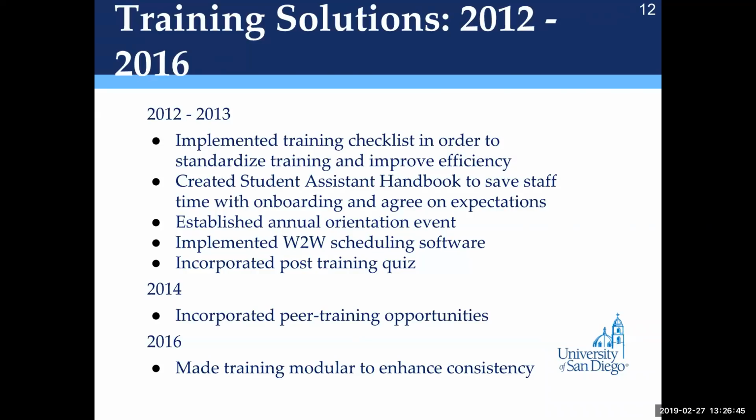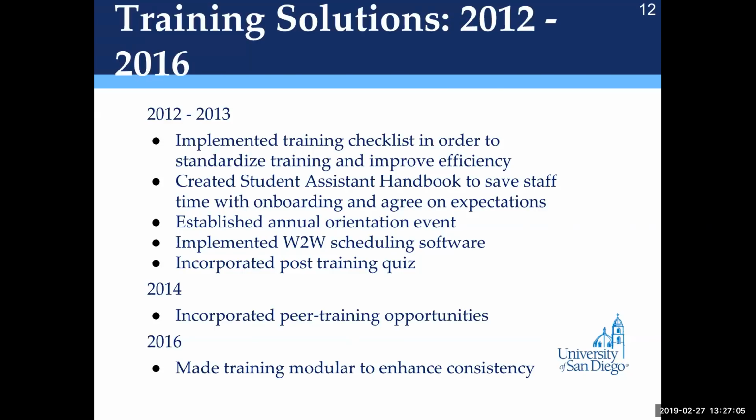We made training modular in 2016 to enhance consistency. It was already somewhat modular, but the way the checklist was designed initially was so that every supervisor could go through any part of the checklist with the student.